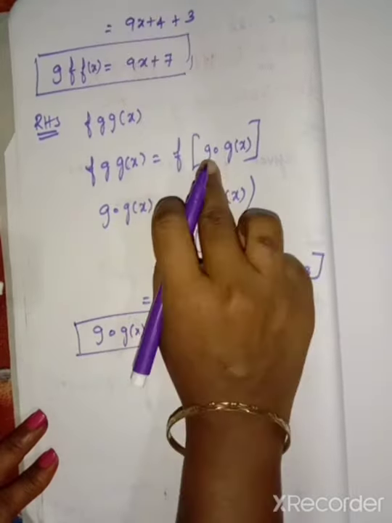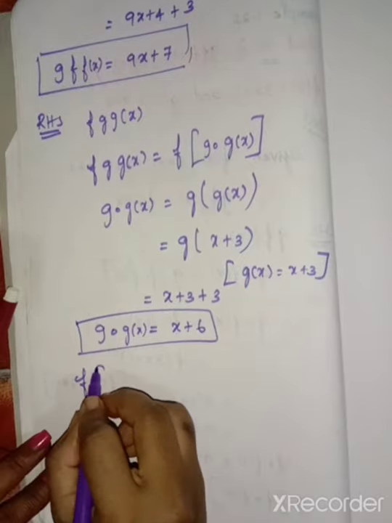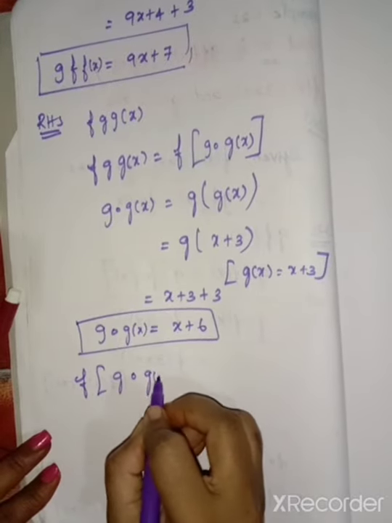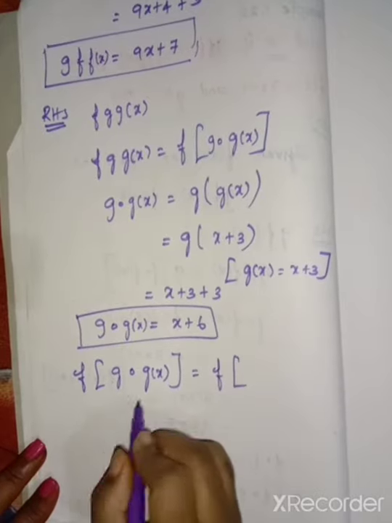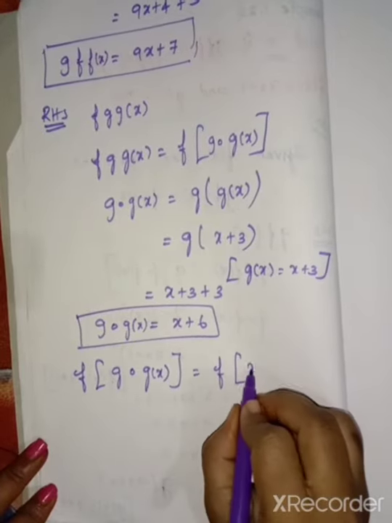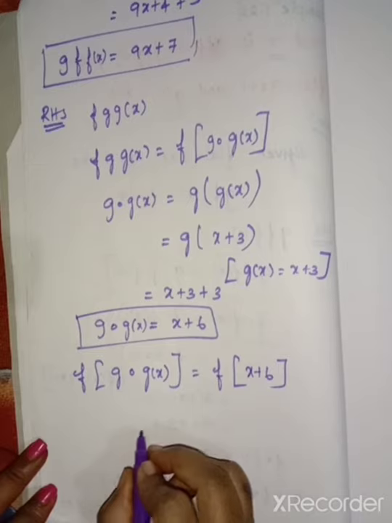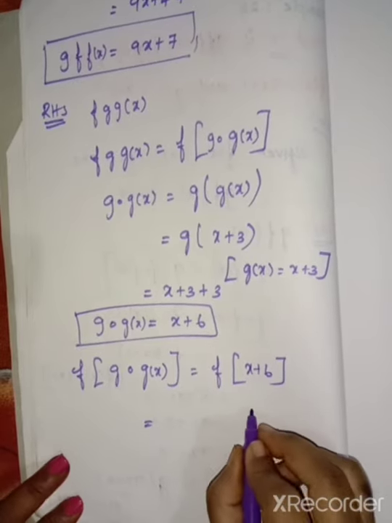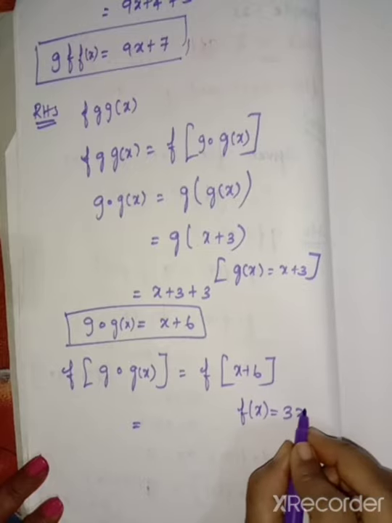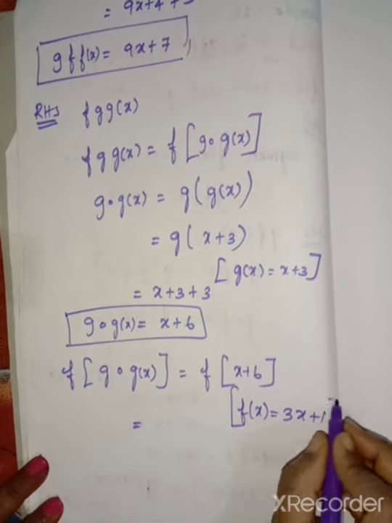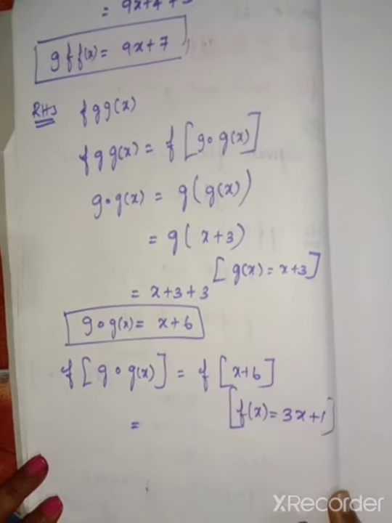Now we substitute in f of g of x. In place of g of x, we have x plus 6. Here the function is f. What is the function f of x? f of x equals 3x plus 1. So in place of x we substitute x plus 6.